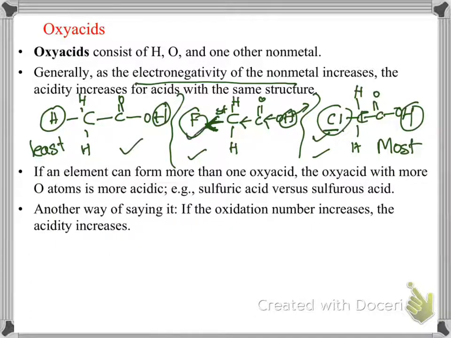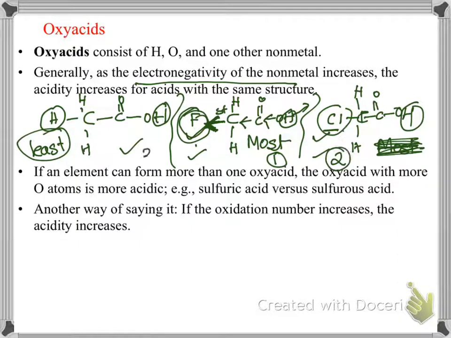If we put in a more electronegative element, the inductive pulling effect will be greater. Since fluorine is the most electronegative, this will be most acidic and this will be least acidic. So first, second, and third.